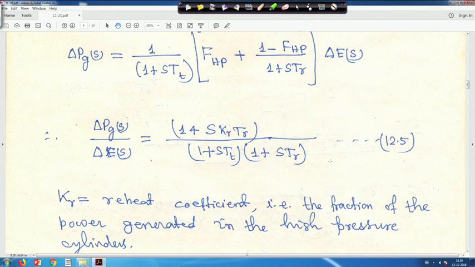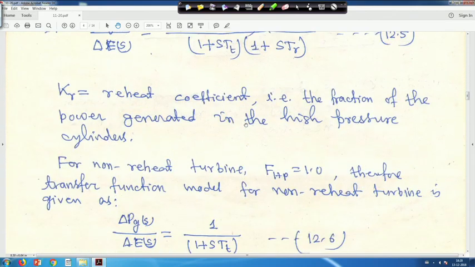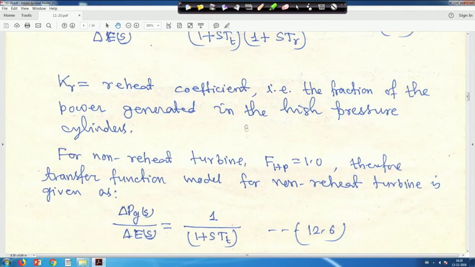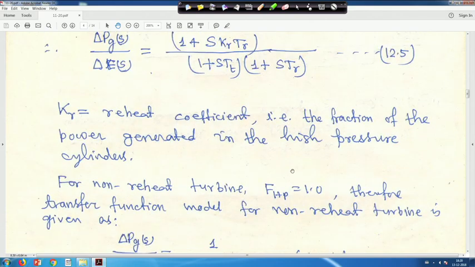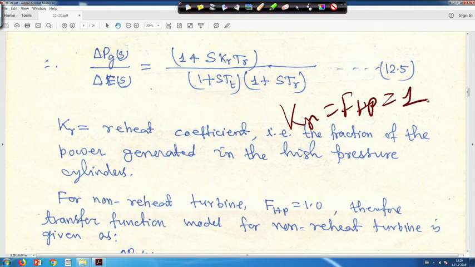For a non-reheat turbine, delta PG upon delta ES is equal to 1 upon 1 plus STT. Here FHP is 1, that means for this equation, if you take KR equal to FHP, that is equal to 1, because the reheater is not present.